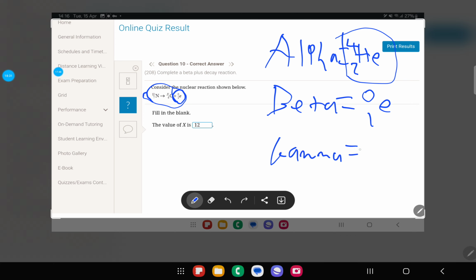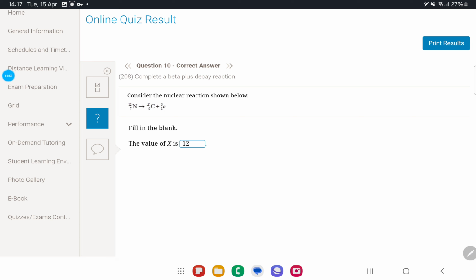I don't know how to draw it, but I think it's like this. Anyways, for beta, it's 0, 1, and e over here, like in the equation. Okay, so now we know it's a beta plus decay.